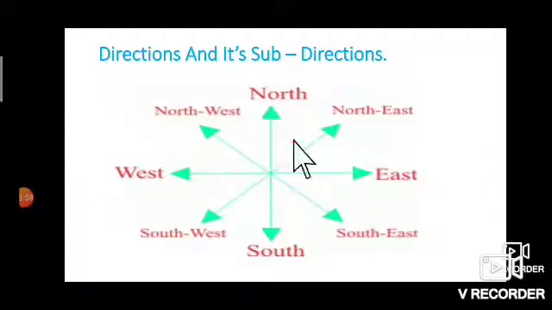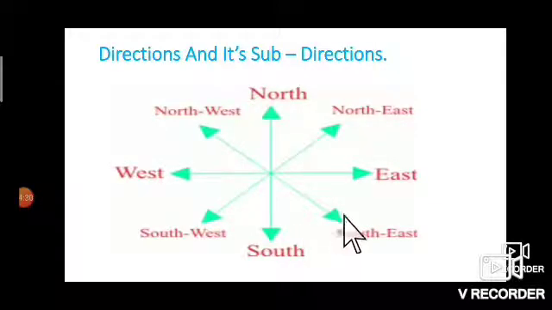Moving ahead, in this lesson, we are also going to learn directions and their subdirections. East, west, north and south are the main directions, and the directions that lie between these directions are known as their subdirections. Now this is north and this is east. The direction between these two is northeast, which is known as a subdirection.